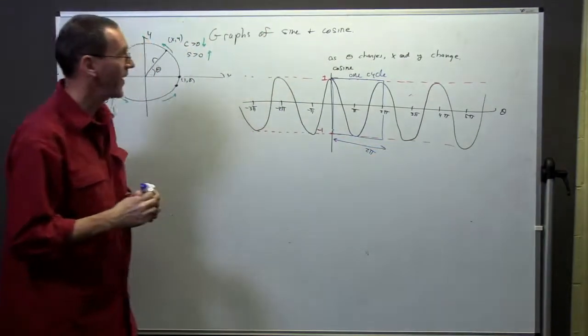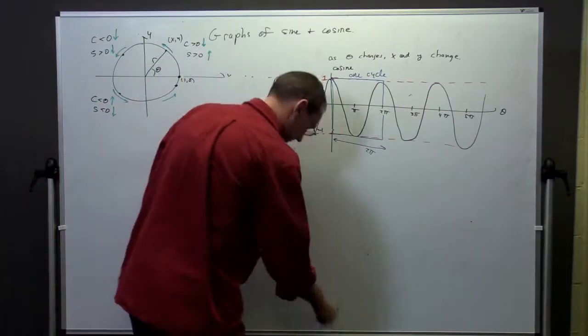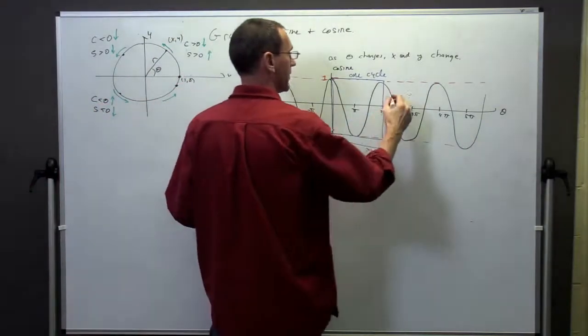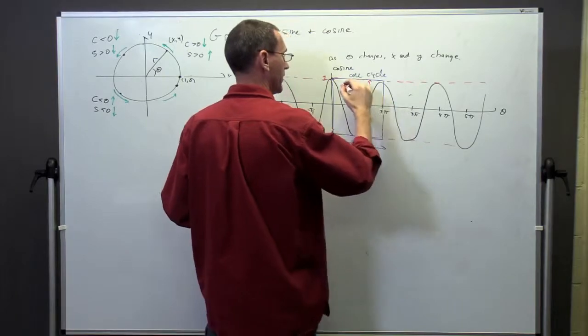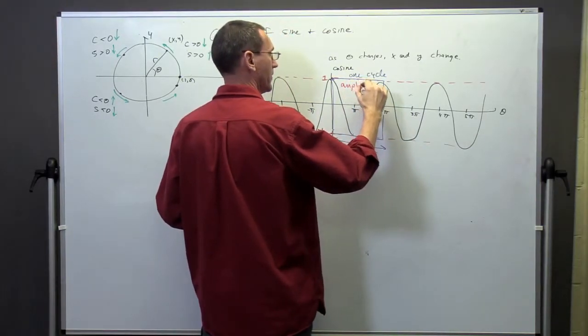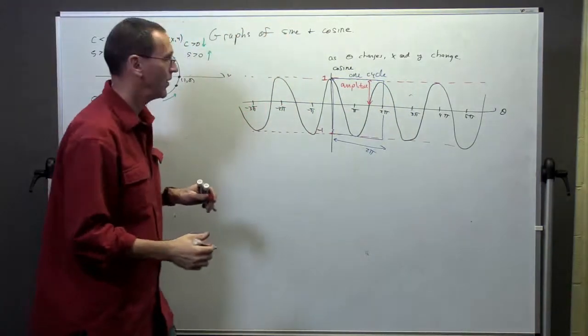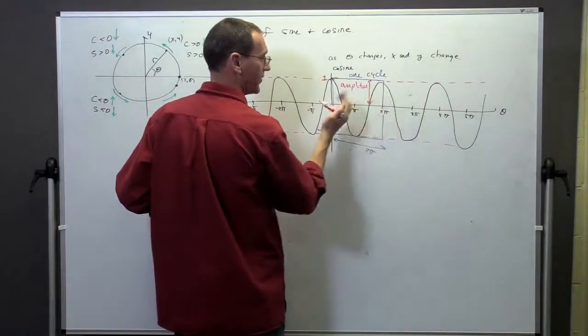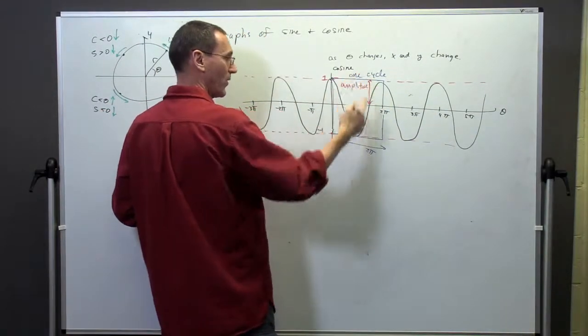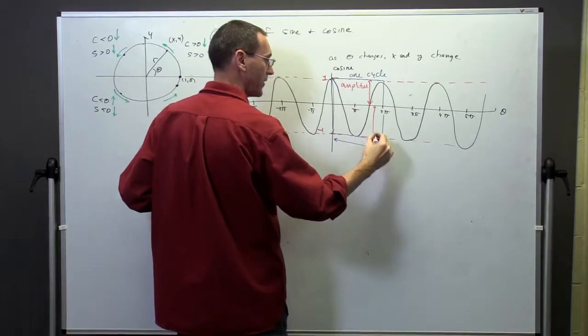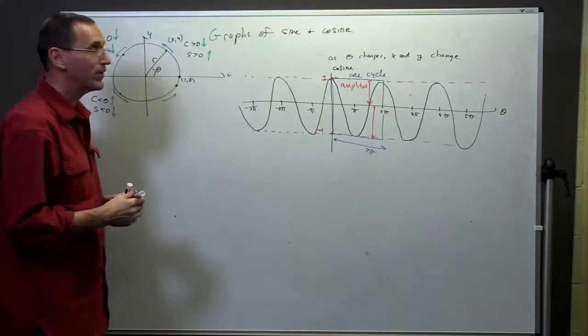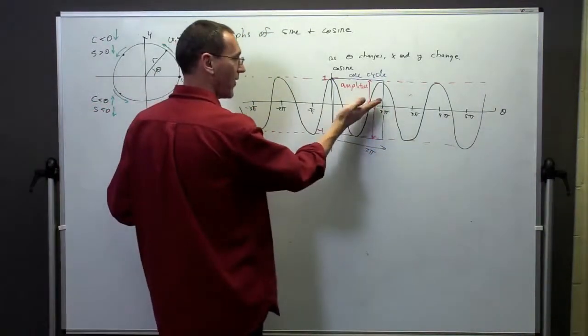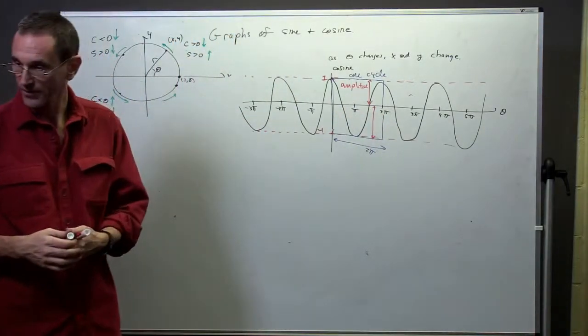So the width of that box is 2 pi. The amplitude is 1. It's going to bounce around the y equals 0 line, but it's going to go up to 1 and down to -1. So we're going to define the amplitude to be exactly the same thing. It's how far away from the middle that you go.